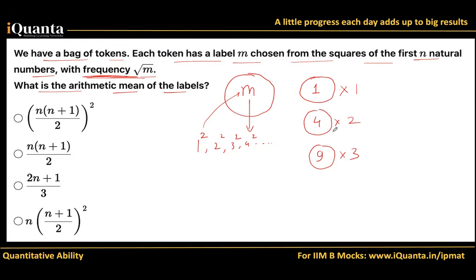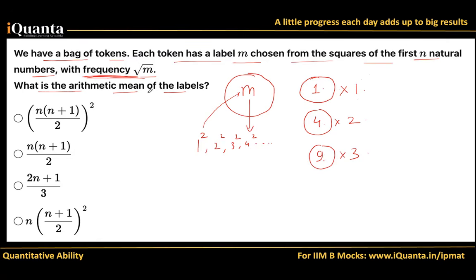This is all n square, n square, n square, right? And corresponding to them we have n, n, n. So if n is 1, n square is 1, n is 2, n square is 4, 2 square. If n is 3, we have n square, that means 3 square, which is 9, right?